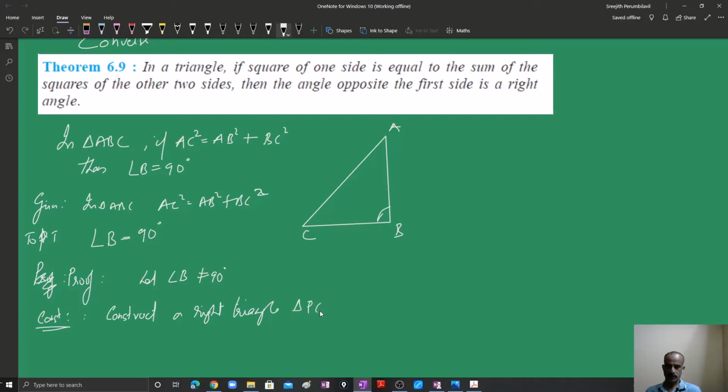Triangle PQR, right angled at R. Let us draw a right angle triangle. Construction. I will take another color.